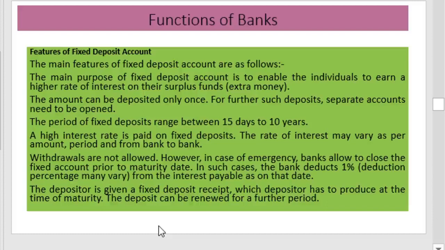A higher interest rate is paid. Withdrawals are not allowed. However, in case of an emergency, banks are allowed to close the fixed deposit account. The depositor is given a fixed deposit receipt.